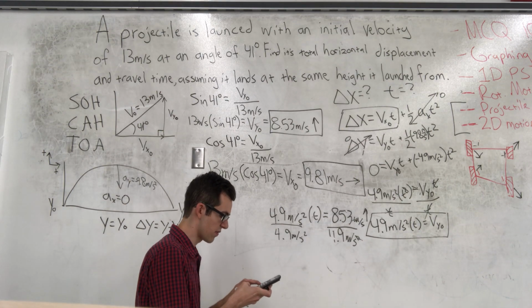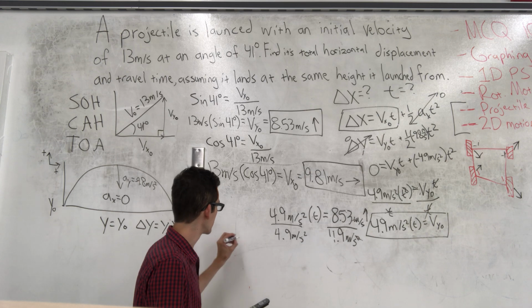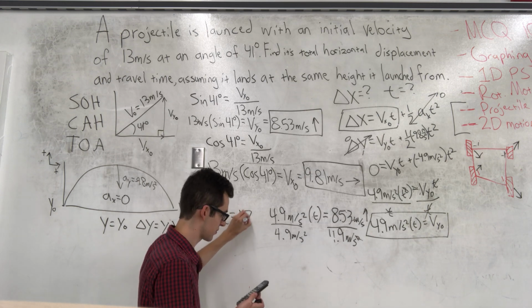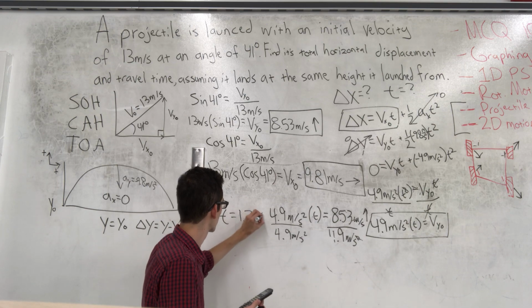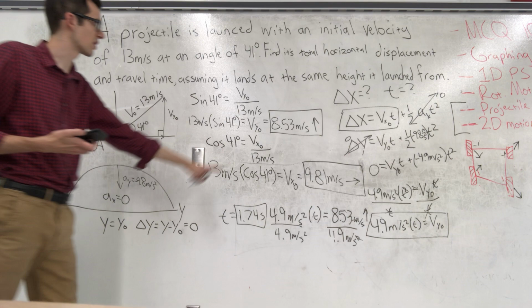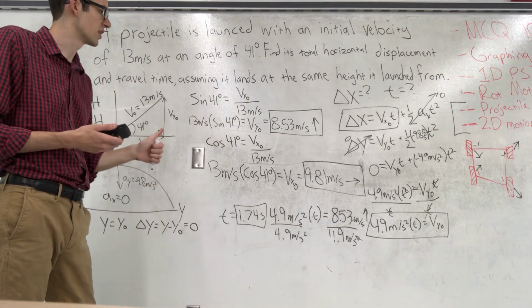So 8.53 divided by 4.9, and for t I get a time of 1.74 seconds. Great, so we just got one of the two things that our problem statement asked us for. So we solved for time, one of the unknowns.